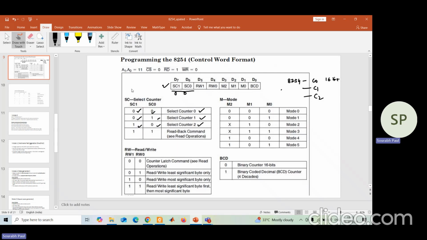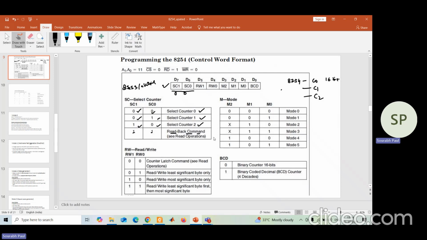So in case of 8253, this is illegal. 1, 1 is not possible. However, in case of 8254, you can give 1, 1, and that is known as the readback command. Now, what is the readback command? You can simultaneously have the values of multiple counters.